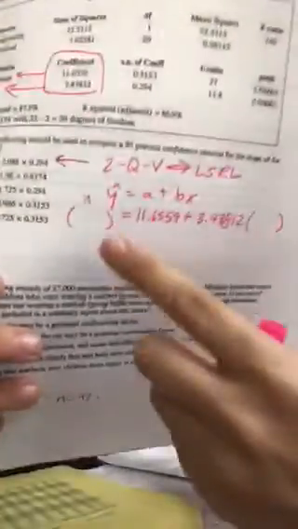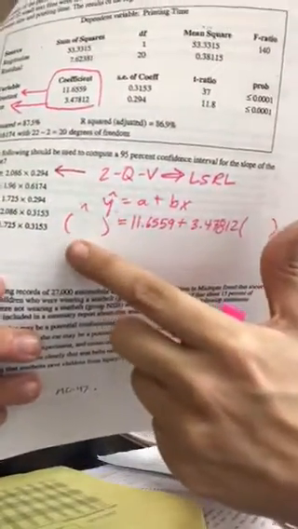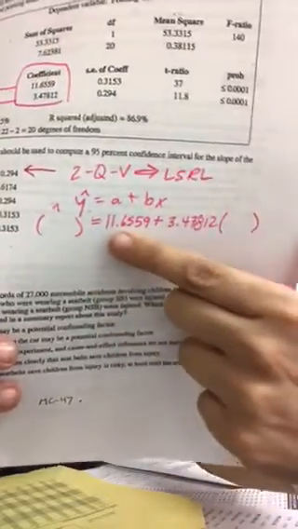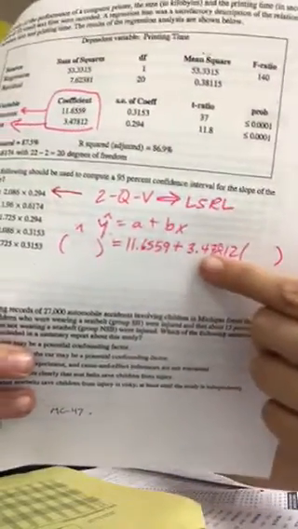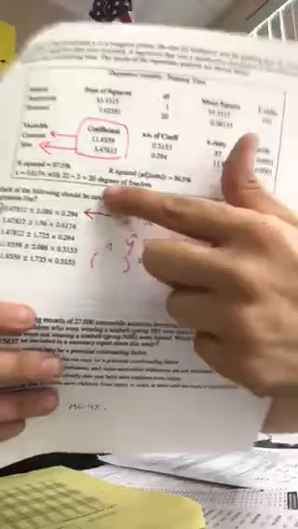And then 3.47812 times x. So we build the equation. From this equation, y hat is whatever I'm trying to predict, plus the constant, plus my slope times x, size.